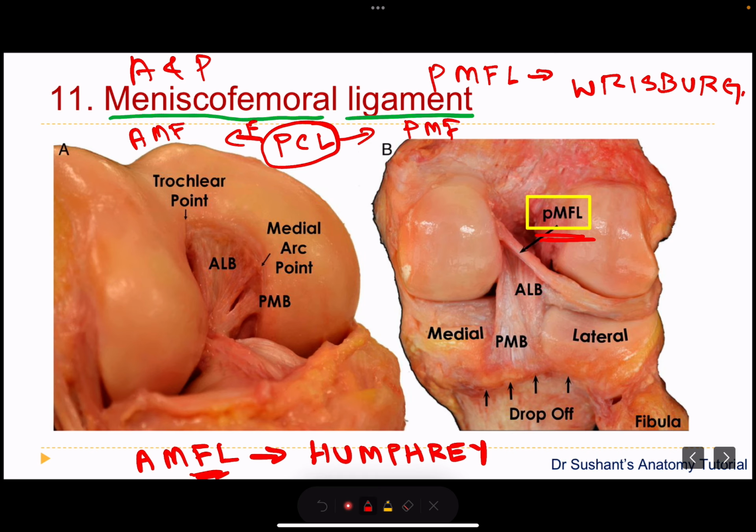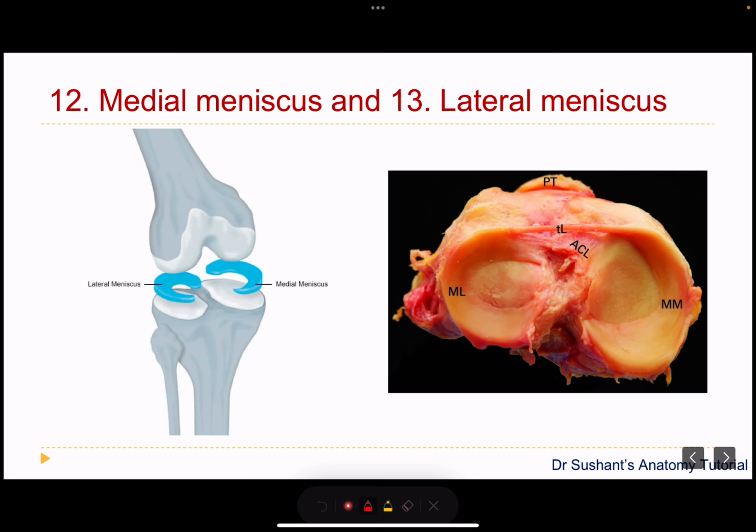What is this ALB? ALB is the anterolateral bundle. PMB is the posteromedial bundle. Now, this is Humphrey and the Risberg. So anterior meniscofemoral is Humphrey, the posterior meniscofemoral is the Risberg.